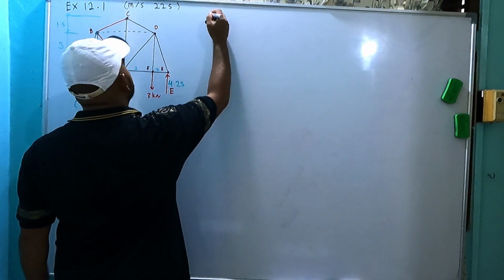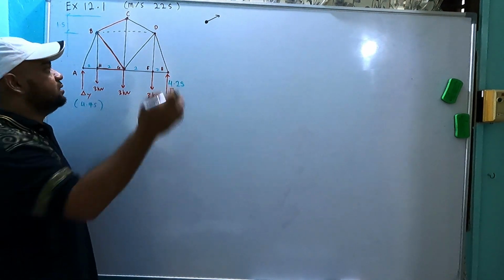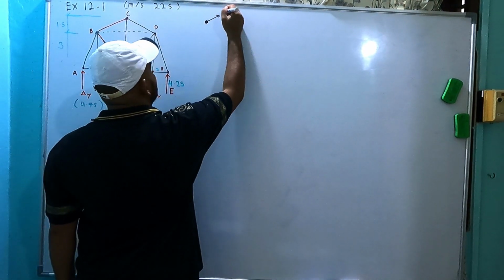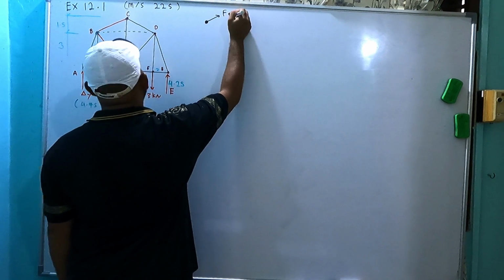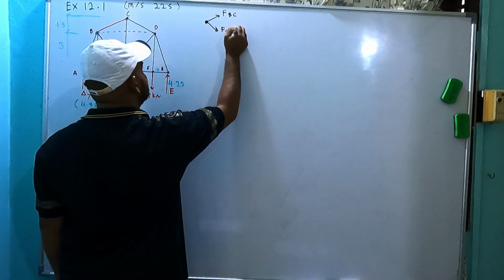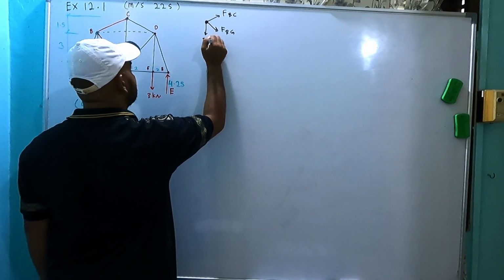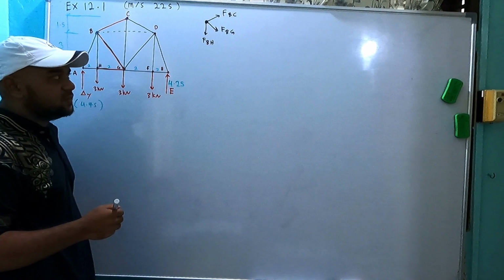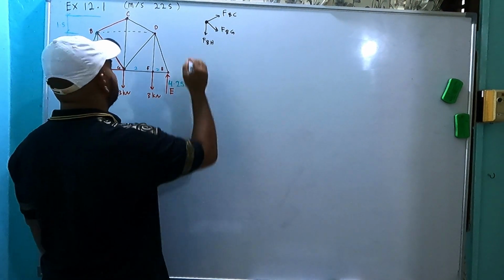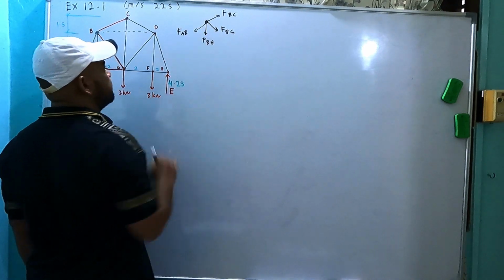Point B. At point B, I consider everything in tension, so outward of the component. FBC, FBG, FBH. Doing like that, and we have one more here, FAB.